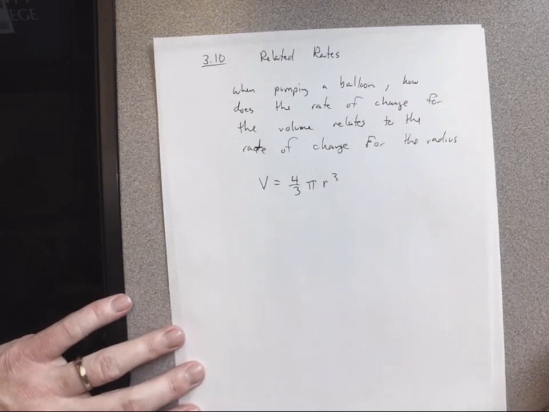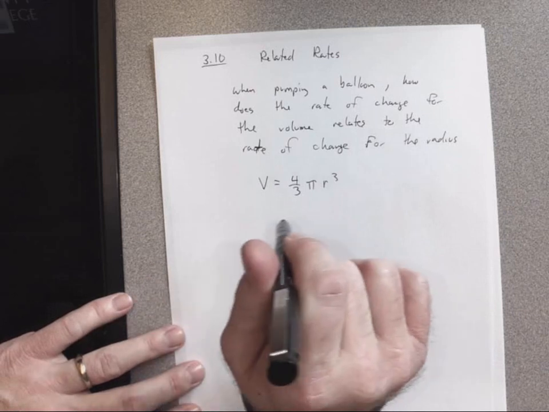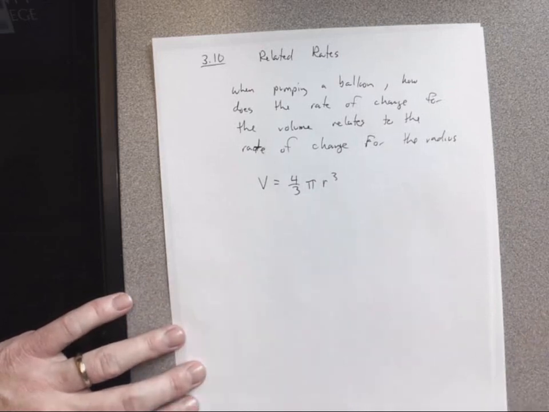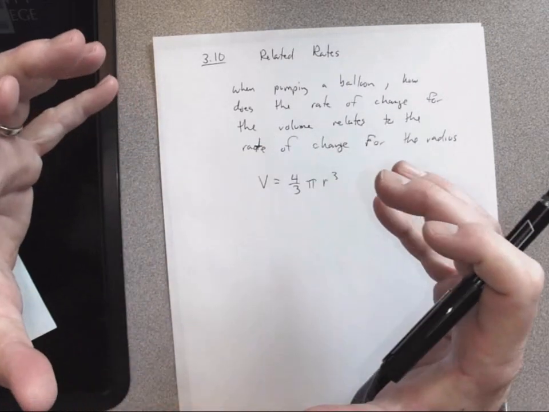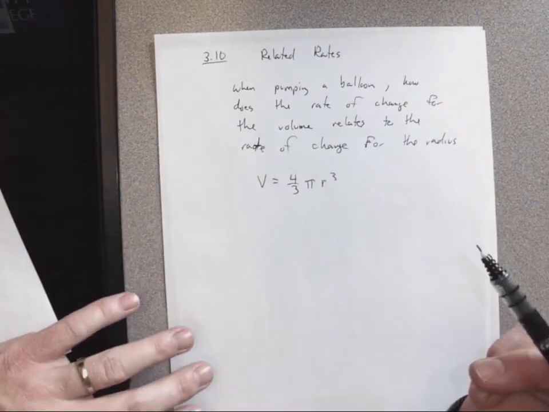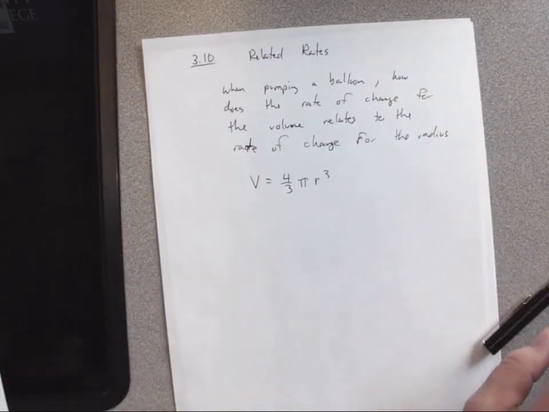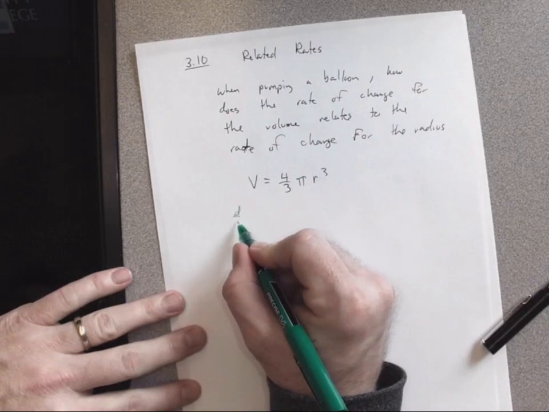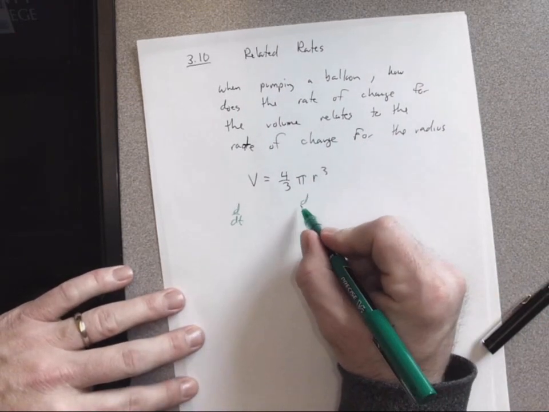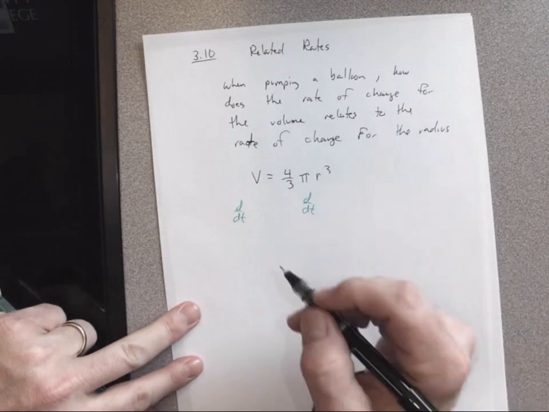rate of change. So what we're going to do is take the derivative of both sides with respect to time. As something increases over time, I want to know how the other one increases. So we're going to take the derivative of this expression with respect to t on both sides.